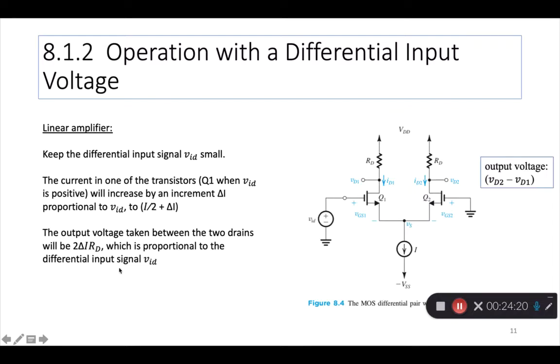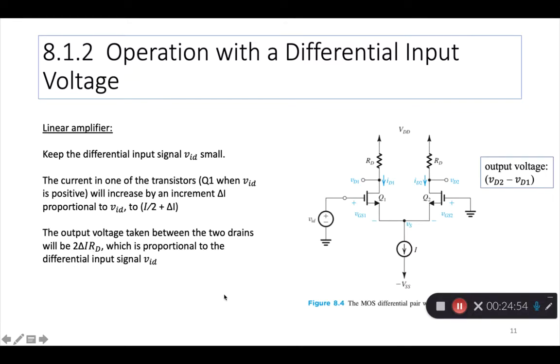Then the output voltage taken between the two drains, that is VD2 minus VD1, will be twice delta I and RD. So this product 2 delta I RD gives you the magnitude of the output voltage, which is proportional to the input signal, right? Because delta I is proportional to VID, we can say the output is proportional to the input.